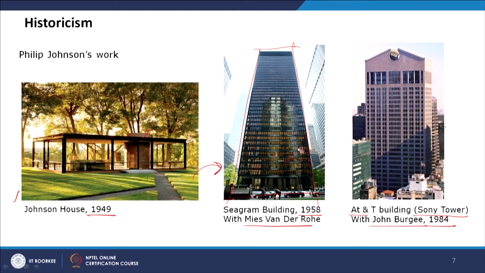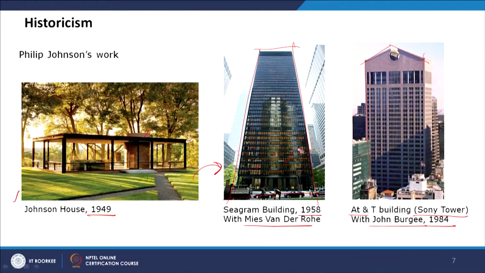So if you look, it has a look like a Greek trabeated form with the pediment, and this is how it is divided, and the building is again cladded with a pink stone, pink granite, and all these lines give a sensation of columns going up and holding this capital, and this Greek style is there.